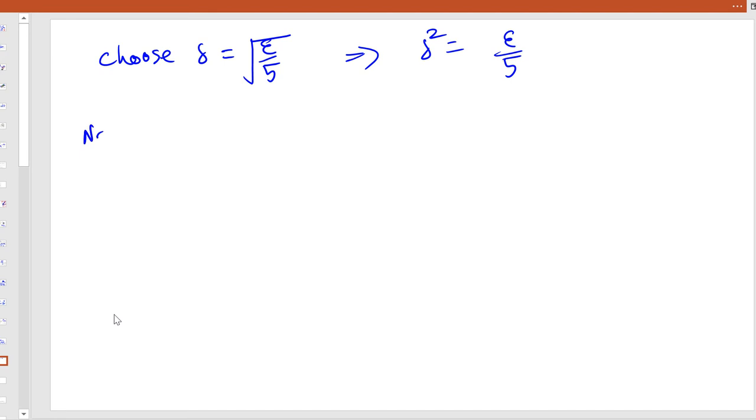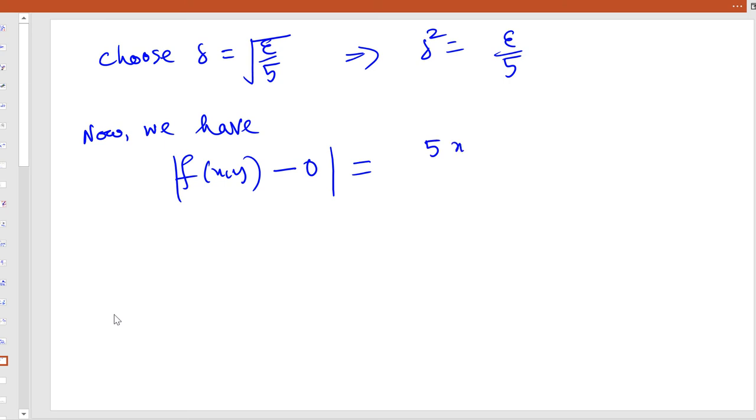Now we have f of x, y minus 0, which is 5 times x square y square divided by x square plus y square. Okay. Now can we claim that this is less than epsilon?